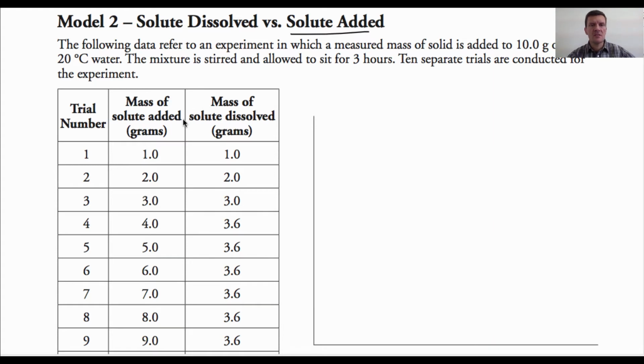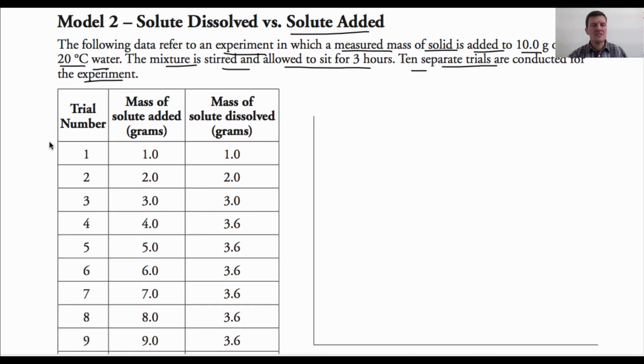All right, here we took an experiment, and we collected some data. We have an experiment in which a measured mass of solid is added to 10 grams of 20 degrees Celsius water. The mixture is stirred and allowed to sit for 3 hours. 10 separate trials are conducted for the experiment.